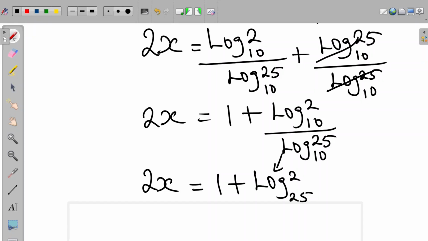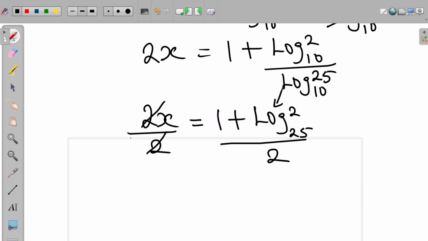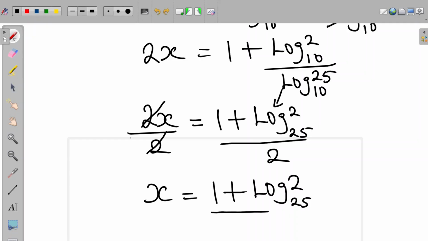Having done that, we now divide the equation by the coefficient of x, which is 2. So 2 cancels out 2 here. We'll be left with x equal to 1 plus log 2 to base 25, all divided by 2. Now this is our value of x.